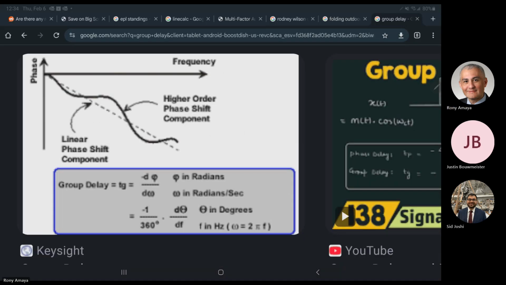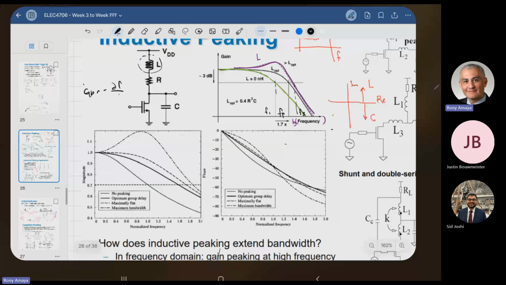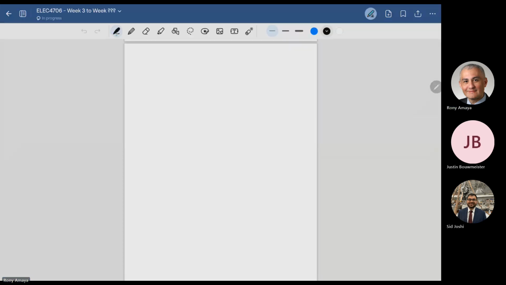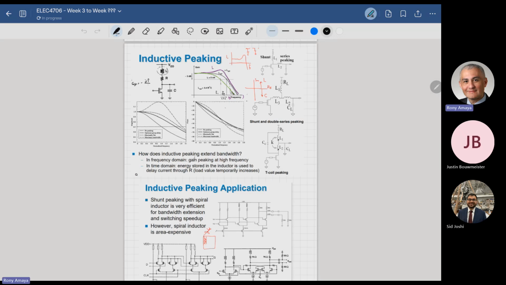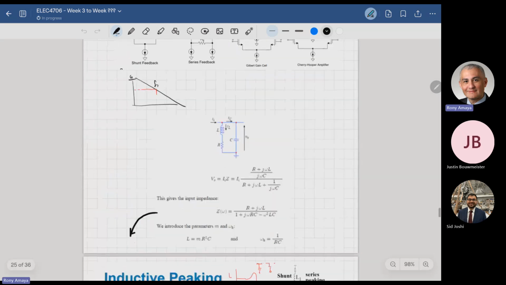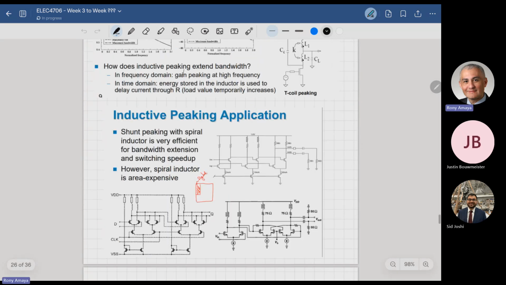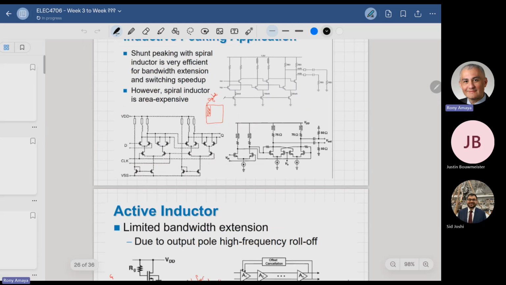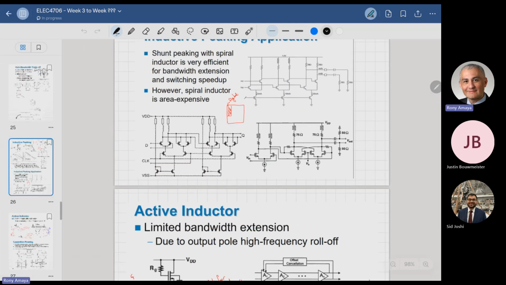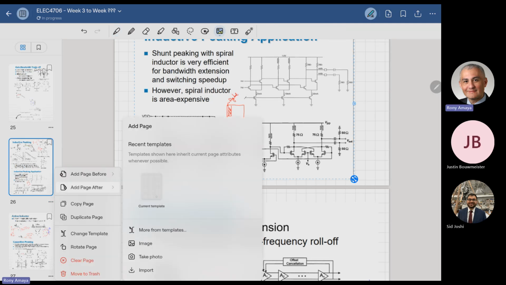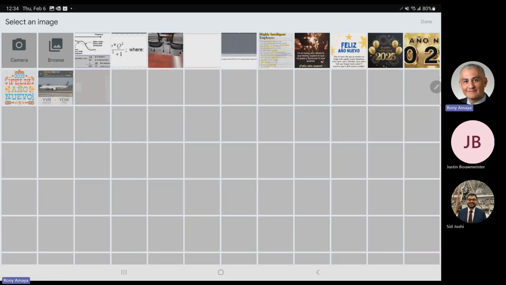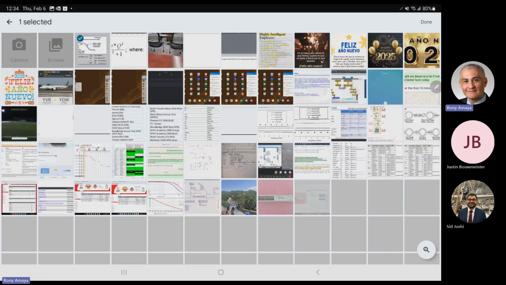I'll just add a new slide here so you guys can have it, because it will help you for the assignment. So we are on this one and I'll add another one after, and we'll introduce an image. And there it is. Done.